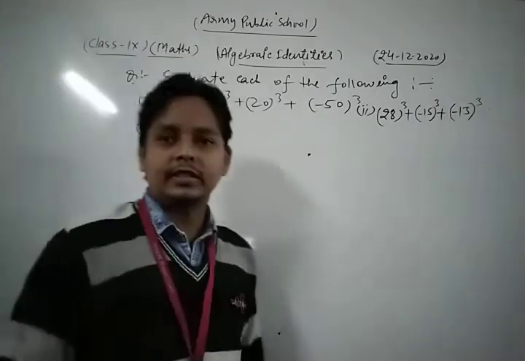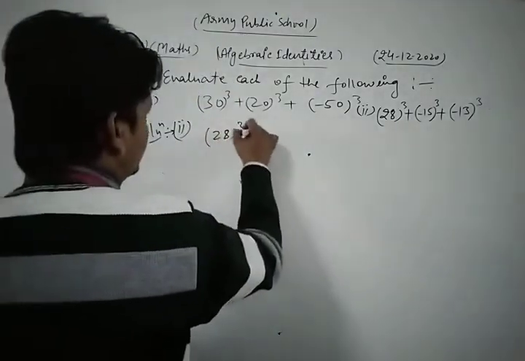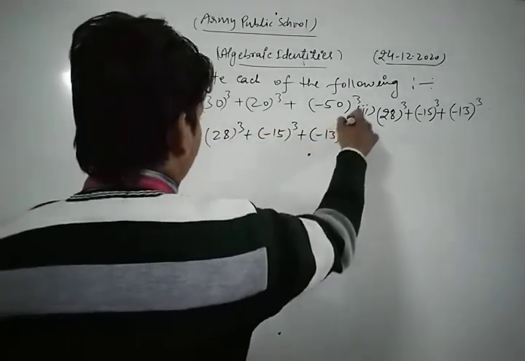Thus we take and solve the second part of this question, which is 28 cube plus minus 15 cube plus minus 13 cube.